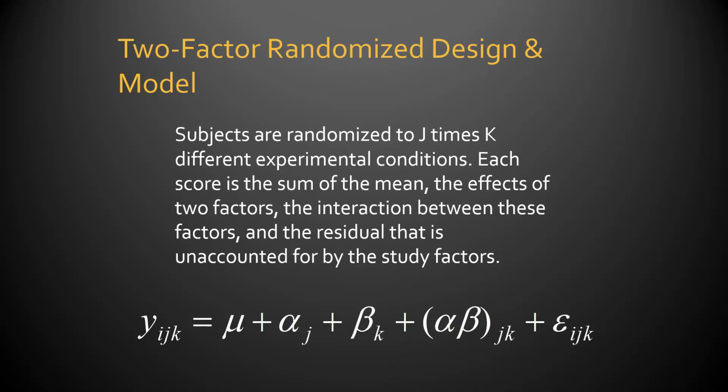Each score is the sum of the mean, the effects of the two factors, the interaction between these factors, and the residual that is unaccounted for by the study factors.